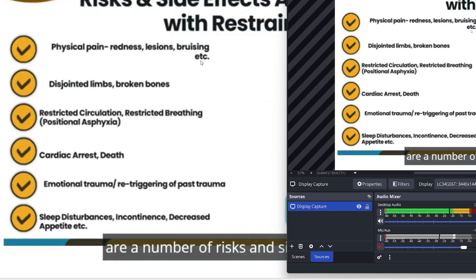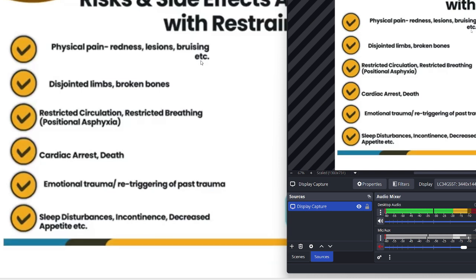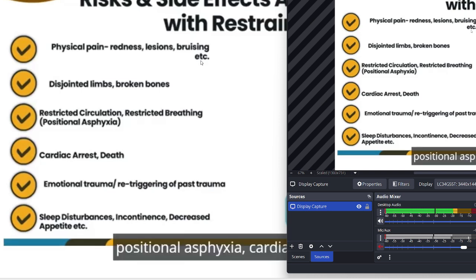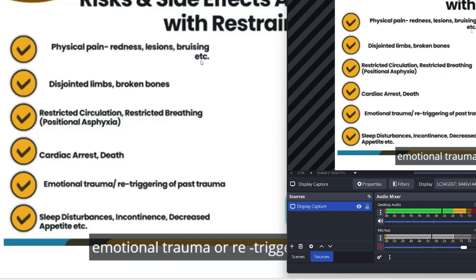There are a number of risks and side effects associated with restraint. We touched on restraints can result in death, but even if not death, restraint can result in physical pain, including redness, lesions, bruising, disjointed limbs, broken bones, restricted circulation, positional asphyxia, cardiac arrest, death, emotional trauma or re-triggering of past traumas.